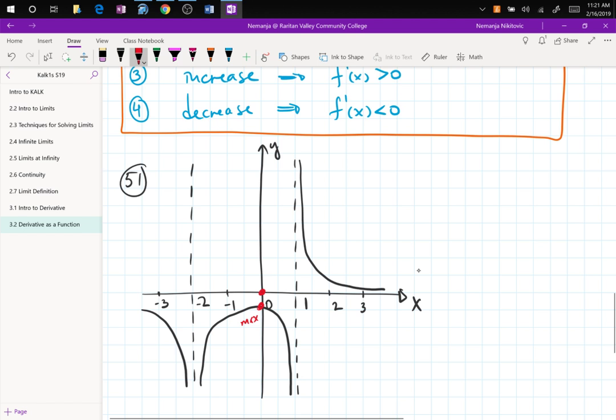So what do I have? I have a decreasing function over here. It's decrease. So if it's a decrease, the slope needs to be negative. I mean, yeah, the slopes are all negative. So that piece stays as is.